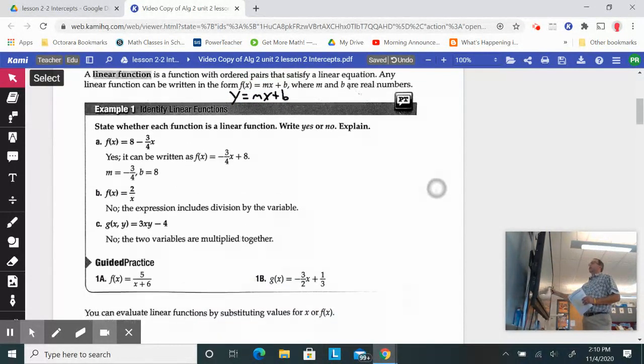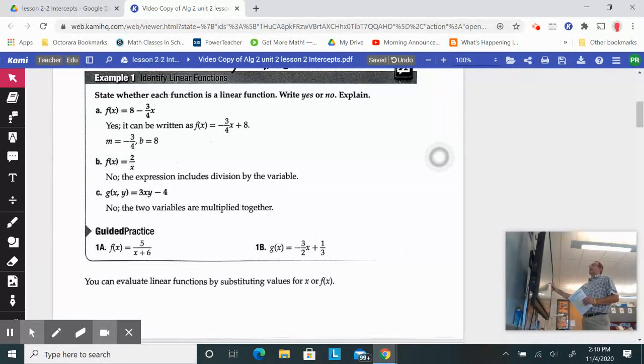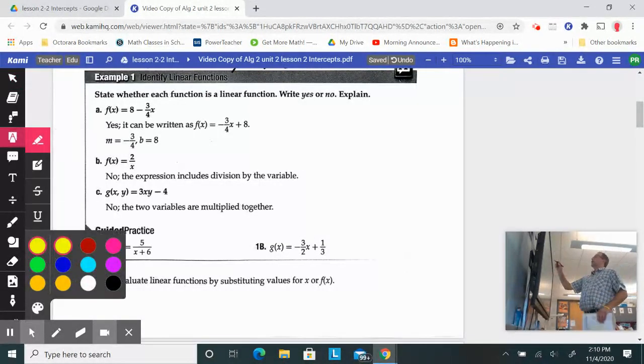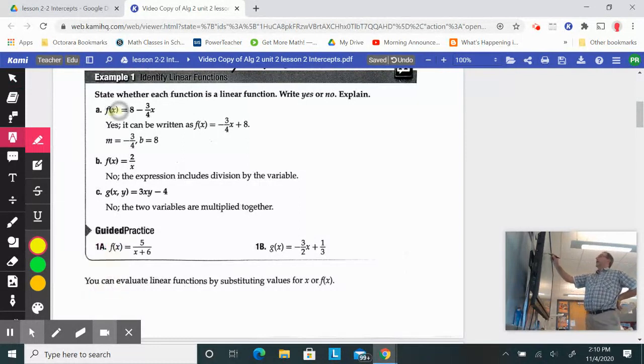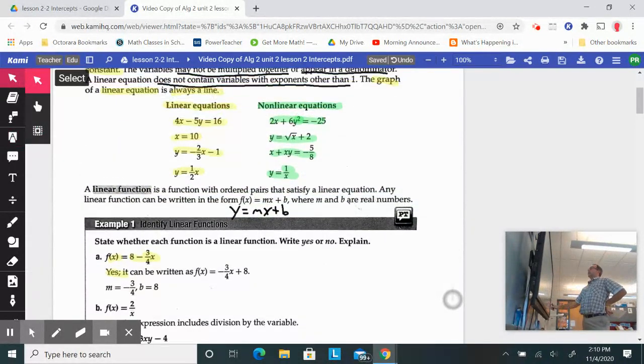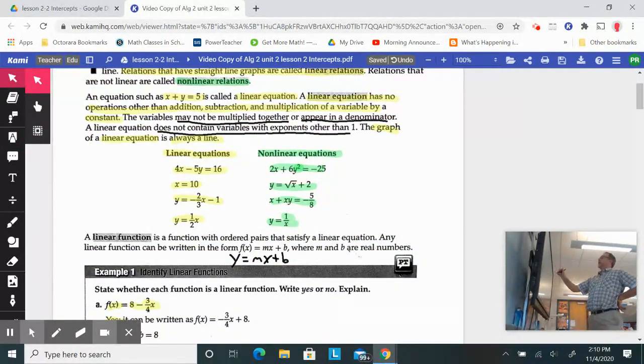Move this up here. So in this section, you're supposed to state whether the function, the equation, is linear or not linear. So let's take a look at the first one, f of x equals 8 minus 3/4 x. That definitely is a linear equation because it fits what it says up in our top part here.